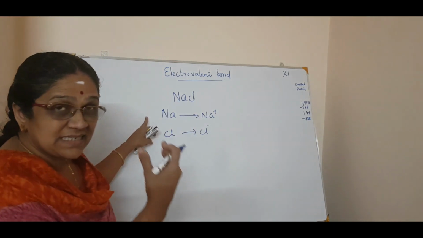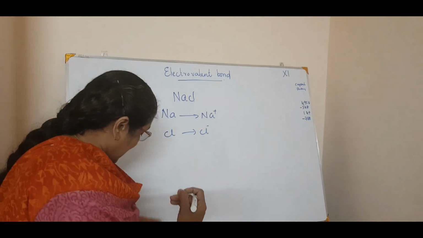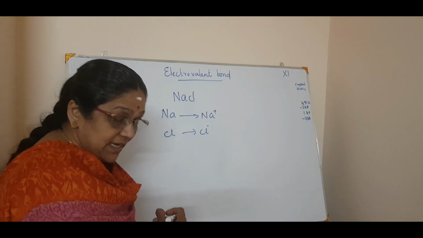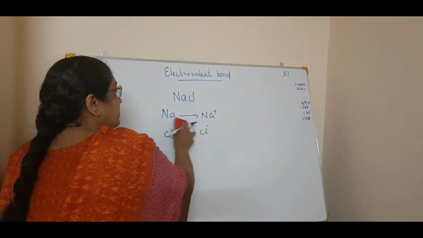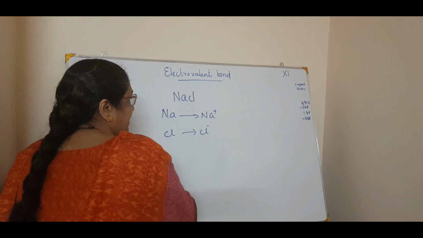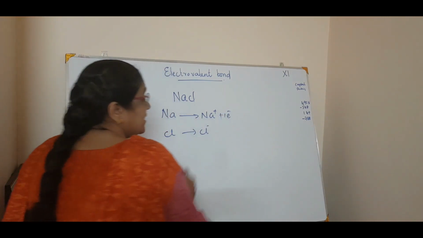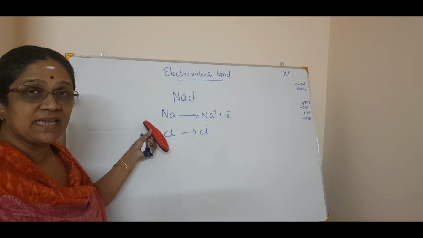Now, if we go step by step, there are two steps in the formation of an ionic bond. One is sodium is converted to Na+, leaving one electron, isn't it? So what is this energy?